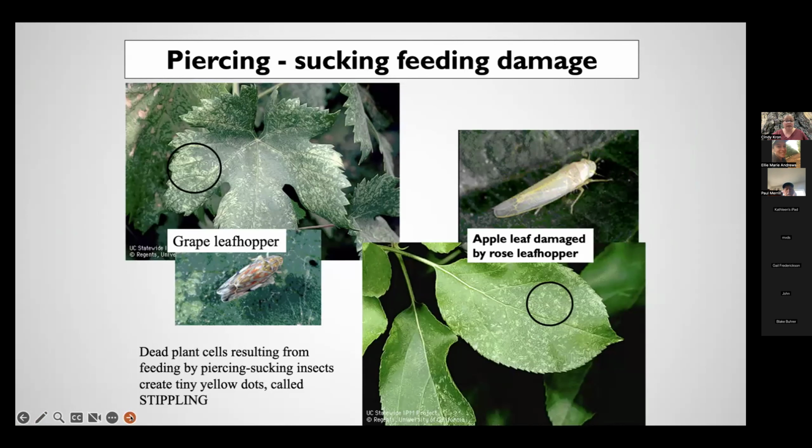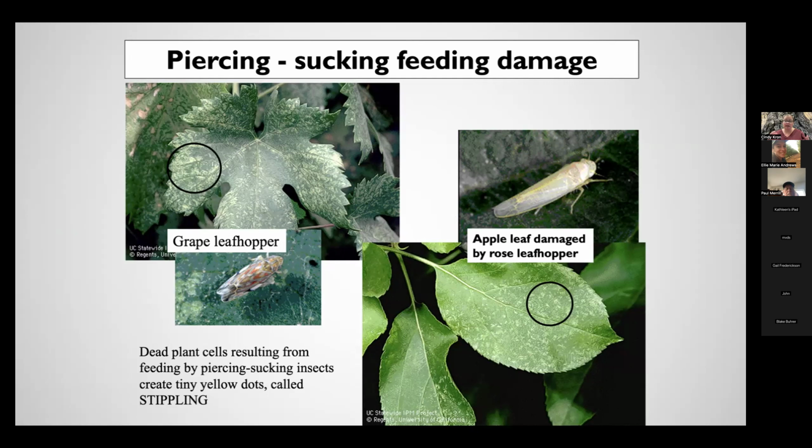So on the left-hand side, you can see this damage on a grape leaf. Remember earlier I mentioned stippling, and this is what stippling looks like on grapevines. But stippling can happen on different crops. You can also see it here on the right-hand side on an apple leaf. When I see stippling like this, I know it's piercing-sucking mouthparts.